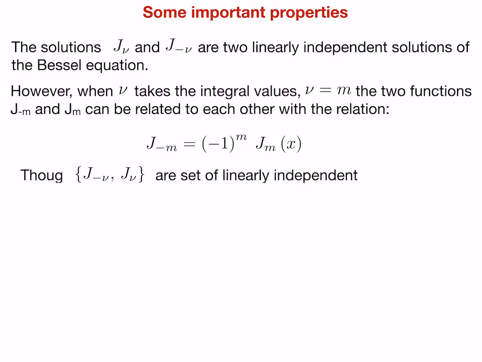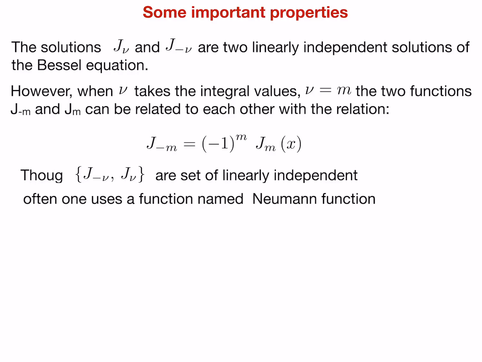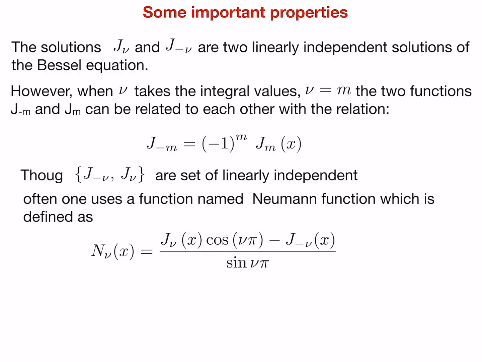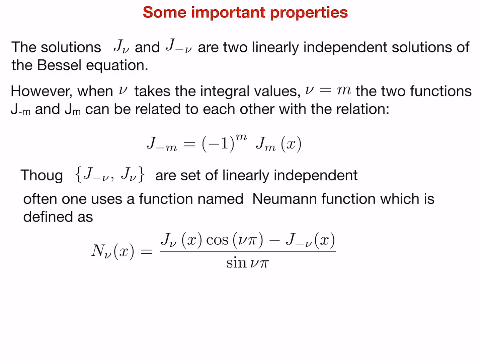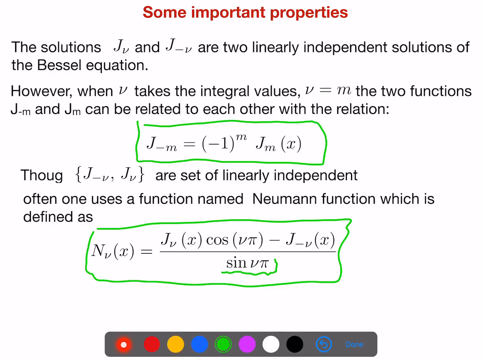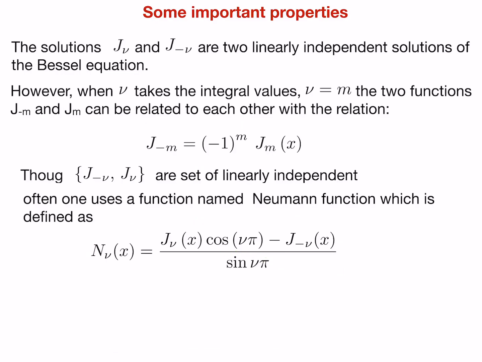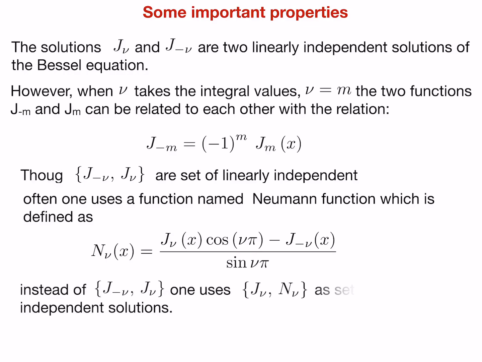However, this relation makes it problematic, and one often uses a function named Neumann function instead of J minus nu. It is defined in terms of J nu and J minus nu with the following relation. So it's easy to see that this relation is not defined for the integral values of nu. That is, it breaks down.